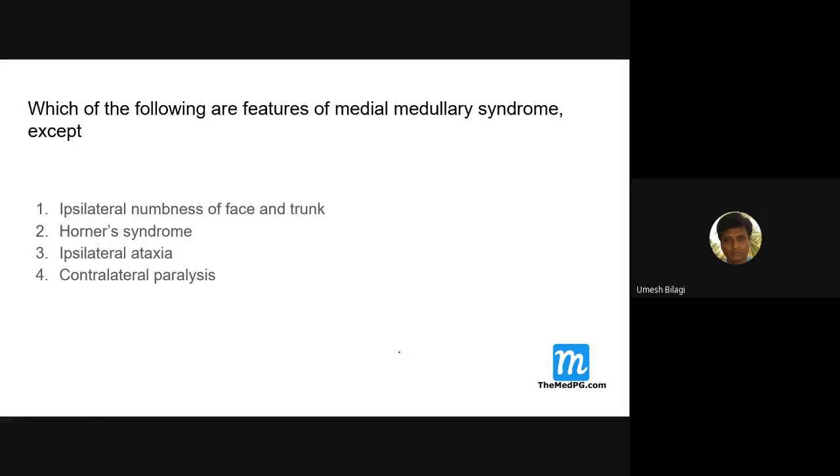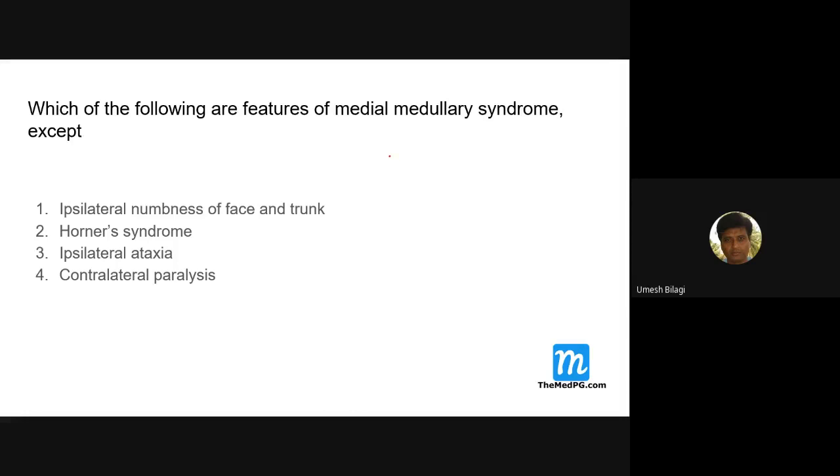Now we'll go to which of the following is the features of medial medullary syndrome. Medial medullary syndrome, ipsilateral numbness of the face and trunk. So in medial medullary syndrome, what is the medially placed? Medial lemniscus is there.